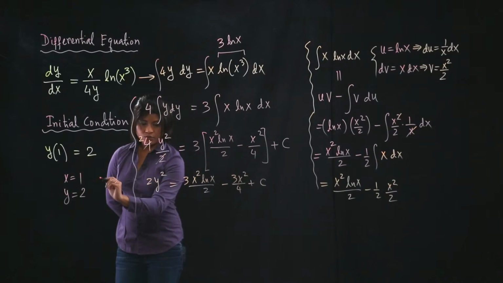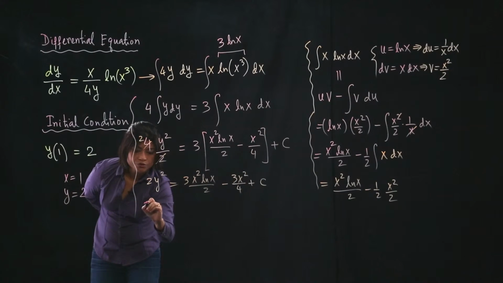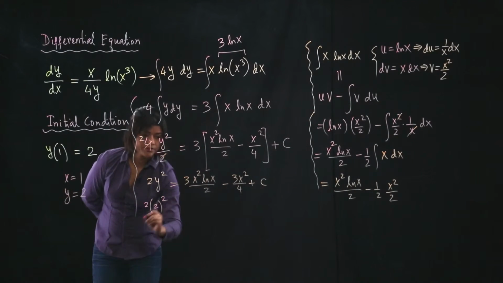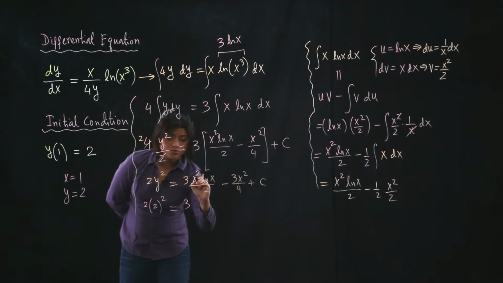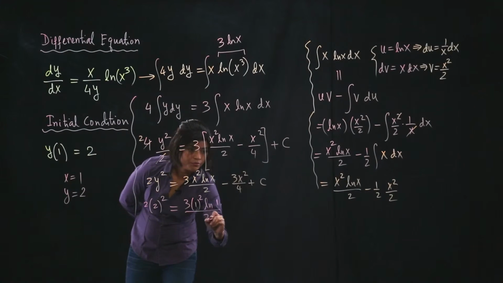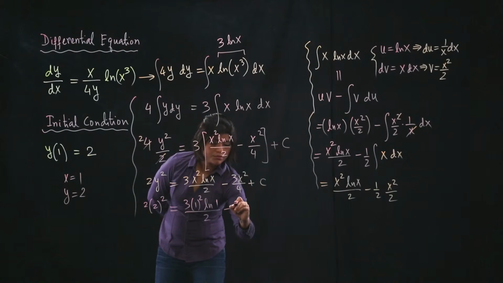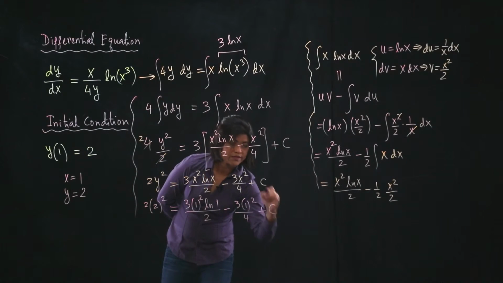Okay, let's plug in y equals 2 and x equals 1. So we get 2 times 2 squared is equal to 3 times x is 1. So we have 1 squared natural log of 1 divided by 2 minus 3 times 1 squared divided by 4 plus c.